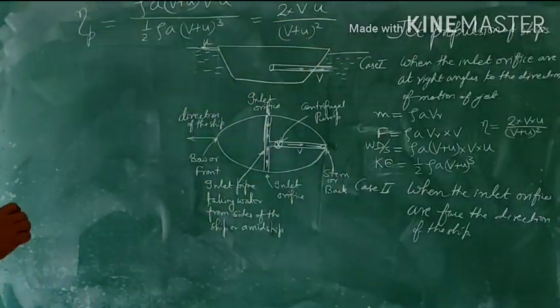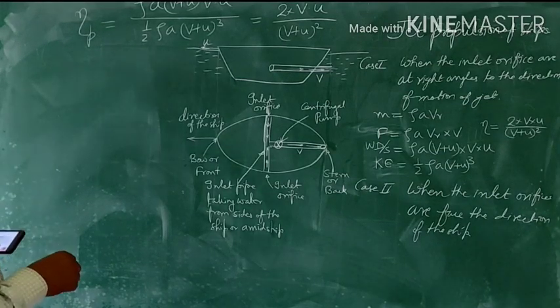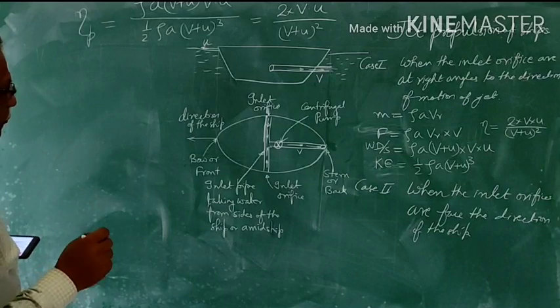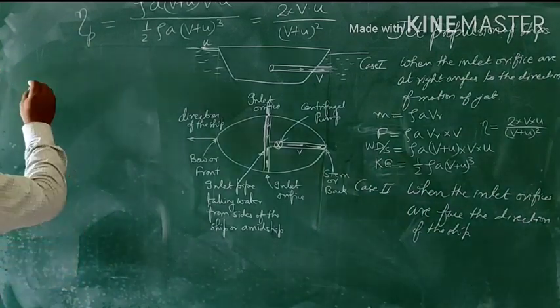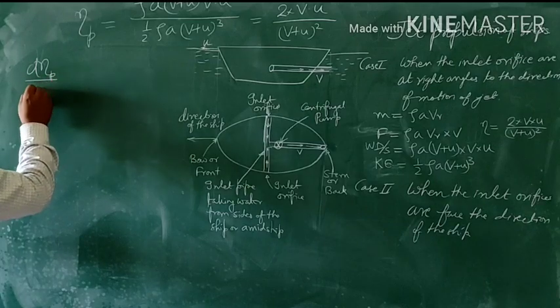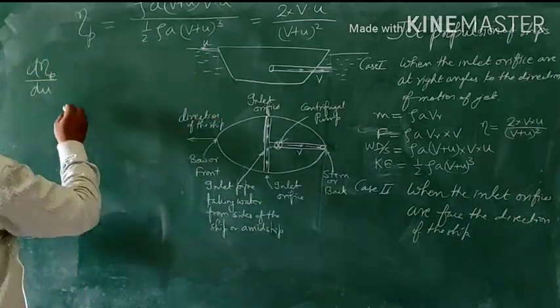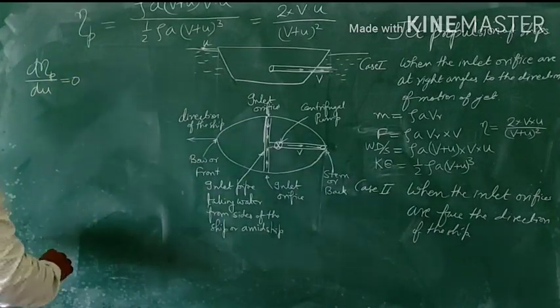Now if you want to find out the maximum possible efficiency of propulsion for the given value of V, we will differentiate this efficiency of propulsion with respect to the ship velocity U and then equate it to 0.